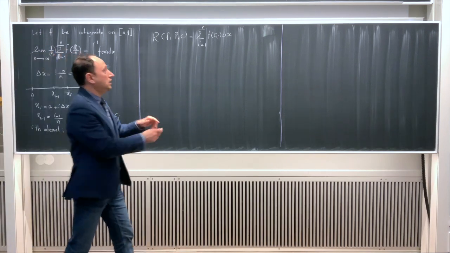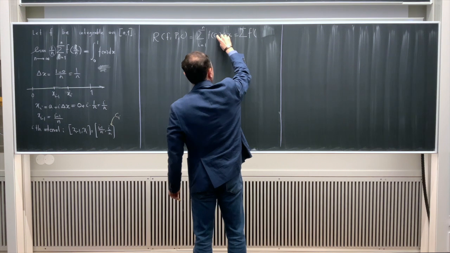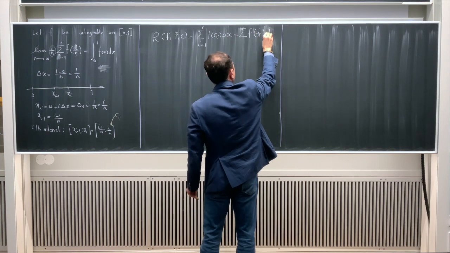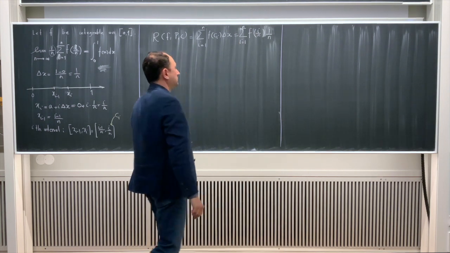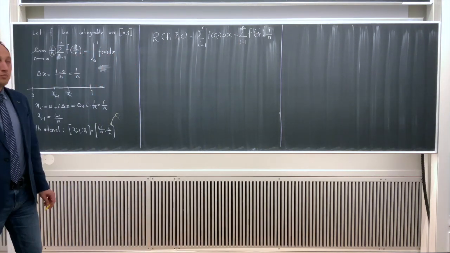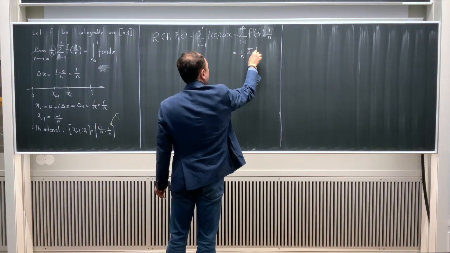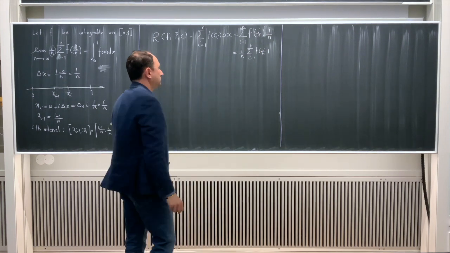So instead of c_i, you write i over n. Instead of delta x, you put 1 over n, and i goes from 1 to n. Agree? But this 1 over n goes out. 1 over n times the sum of f of i over n, i goes from 1 to n.